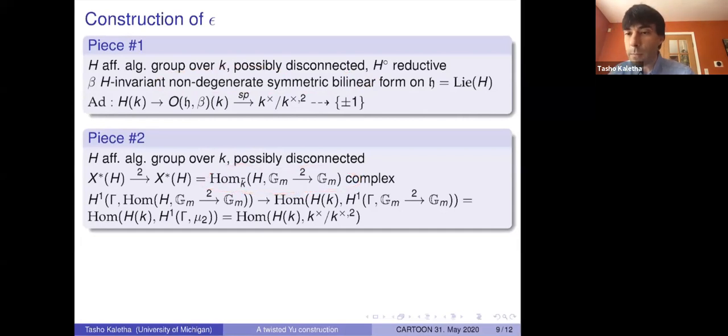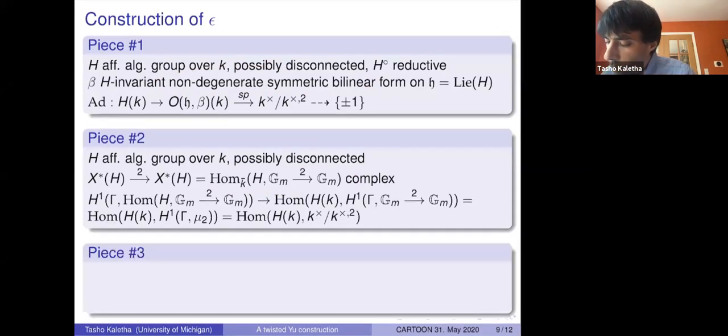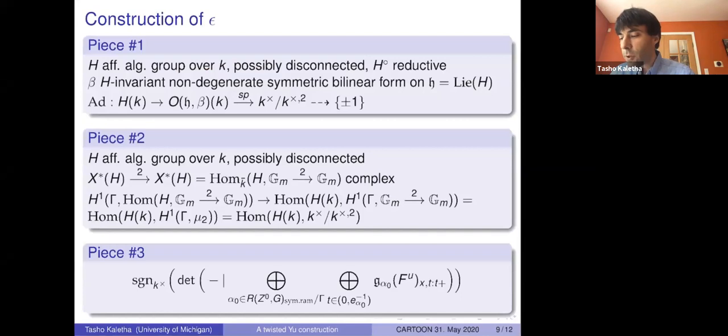I can describe them in chat later for whoever is interested. And then there is a third piece that's just an explicit formula using Bruhat-Tits theory, so I won't spend time discussing it too much. But those three pieces together, when you multiply them, it turns out after some computation that you recover exactly the three obstruction characters and the auxiliary character that you didn't want to see.